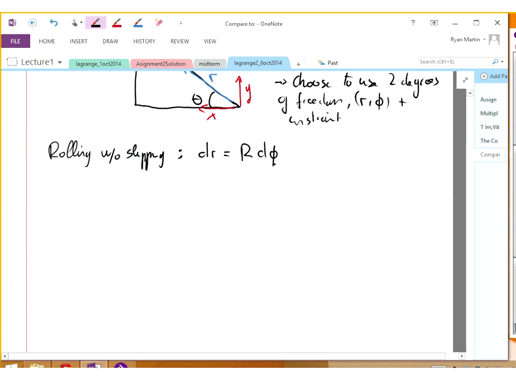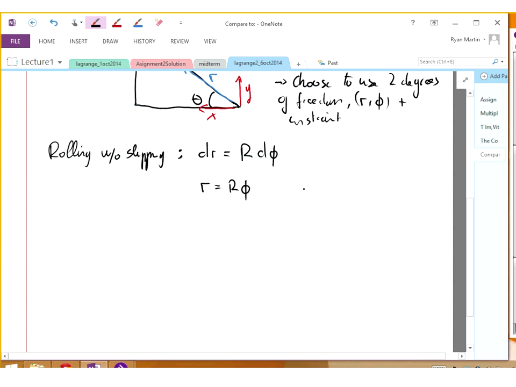That means that the speed is instantaneously 0, right? dr minus R d phi by dt. And we already did that in the introduction chapter. And so we saw that we can integrate this out to little r equals big R phi.